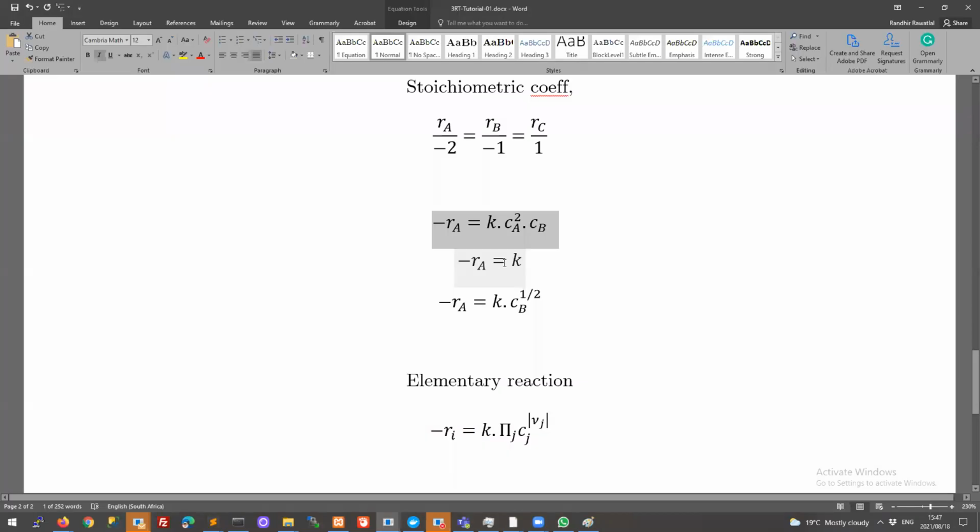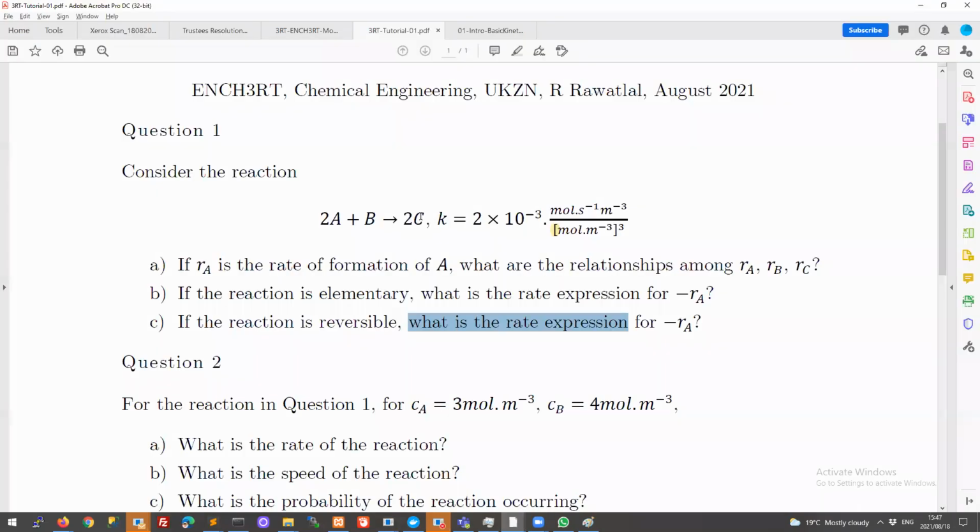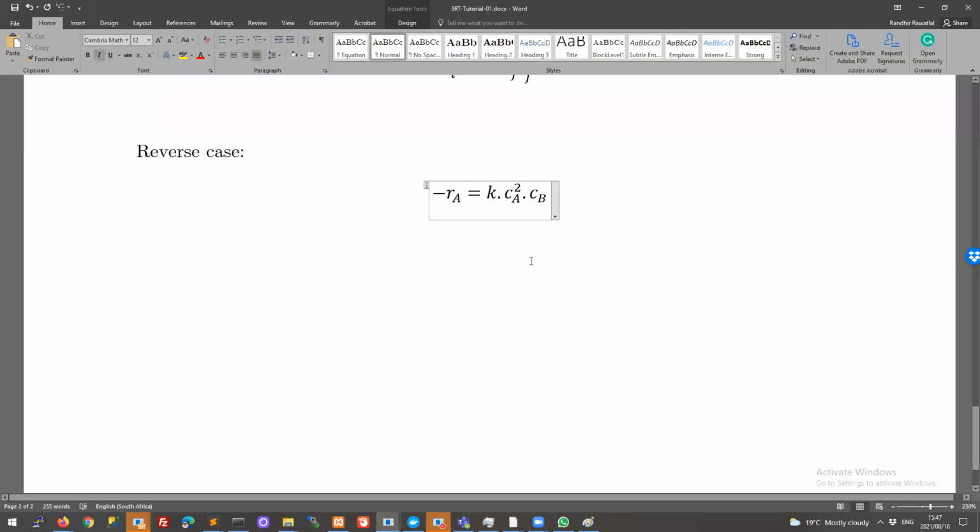So if so, then in the reverse case, the thinking for the forward reaction still holds, and then we just have to add in the contribution from C. So in the C case, we write a new expression here, and this is going to be CC.